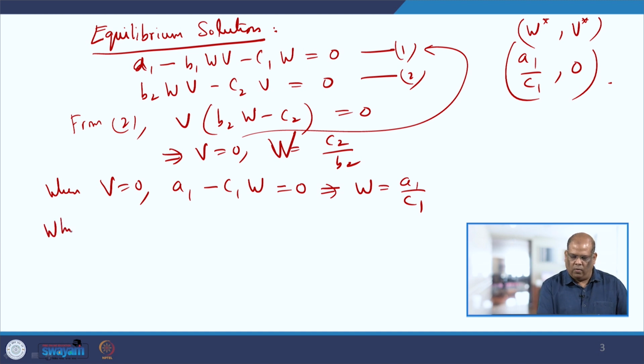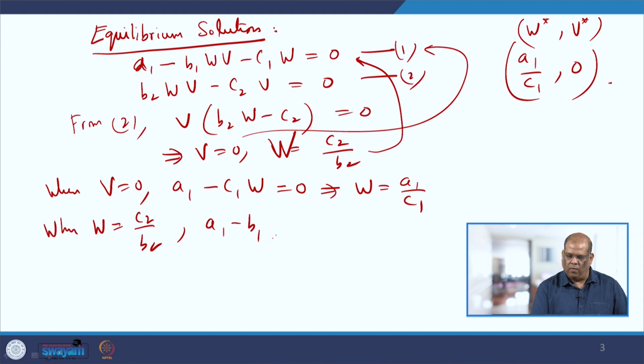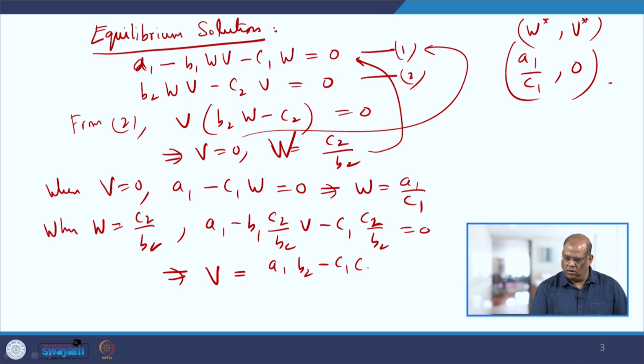In the second case, when W equal to C2 by B2, I substitute again in equation 1 and I get A1 minus B1 into C2 by B2 into V minus C1 into C2 by B2 equal to 0. And this will give me V to be A1 B2 minus C1 C2 divided by B1 C2.